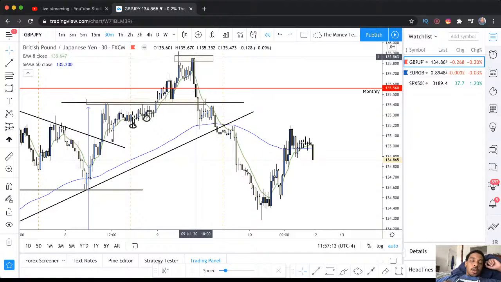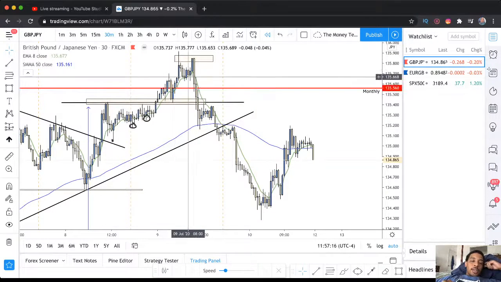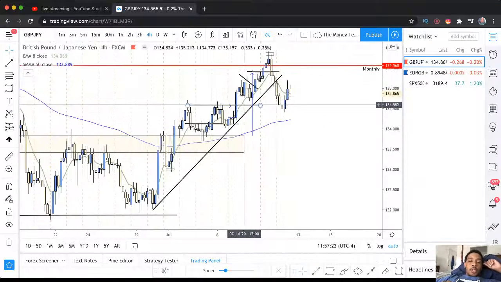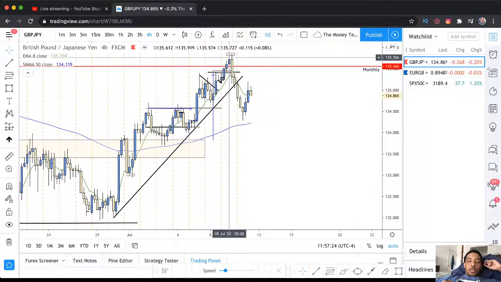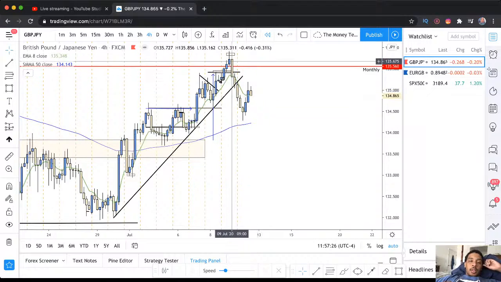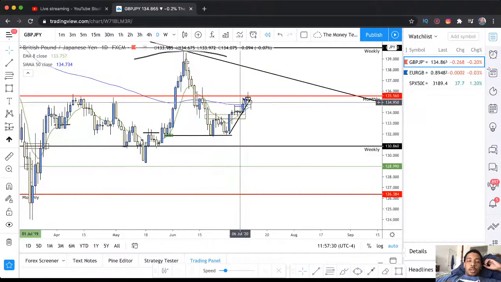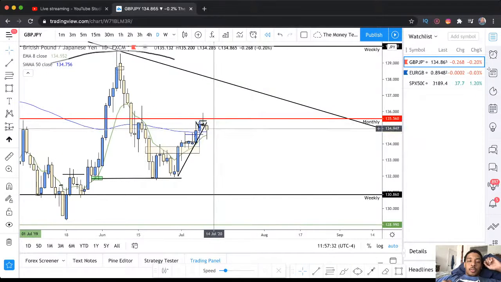We rejected hard, okay? And yeah, we broke through here, but I think this is still price respecting this resistance area. As you can see on the higher time frame, it was really just a 1, 2, 3 move, okay? And this on the daily would be an engulfing candle or a wick. Yeah, it's a wick essentially.